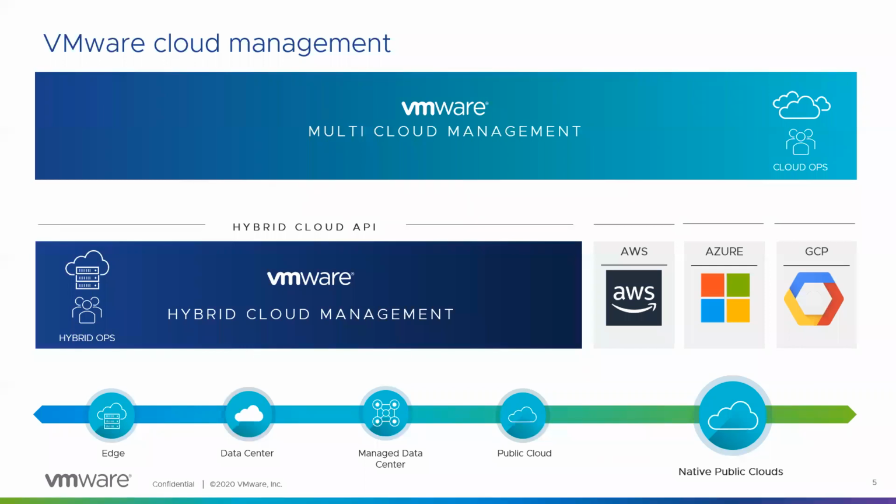And for all of that, we believe there is a cloud management that can be provided, and that is what we are providing using our hybrid cloud APIs. What exactly in this hybrid cloud management is that whether you have to manage your network, you can use NI products or the network insight.